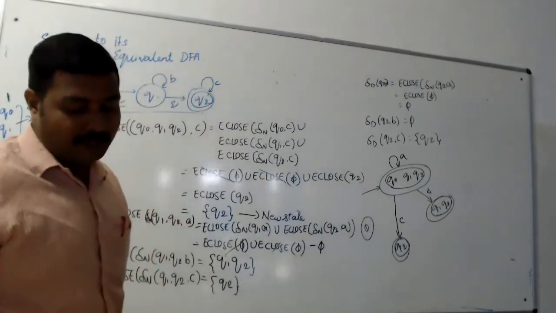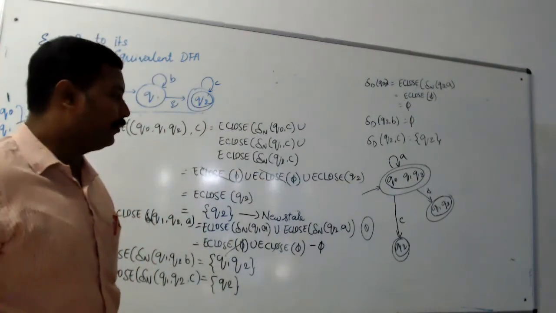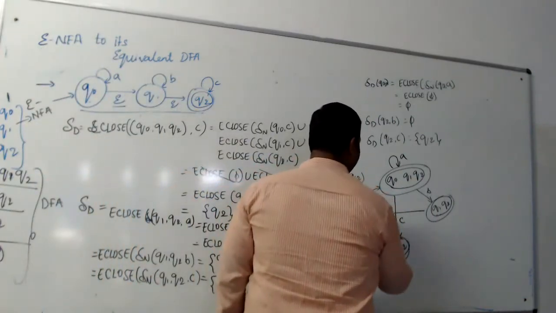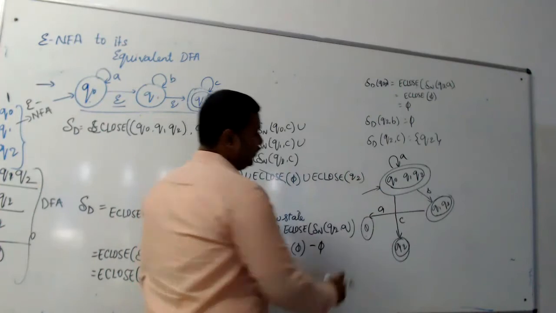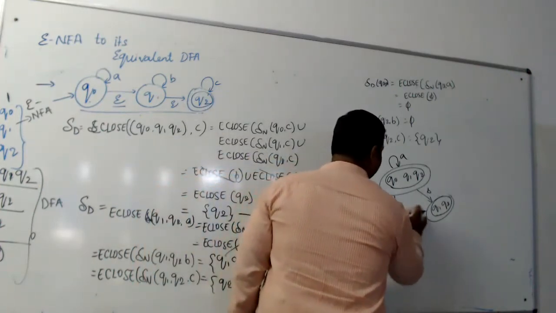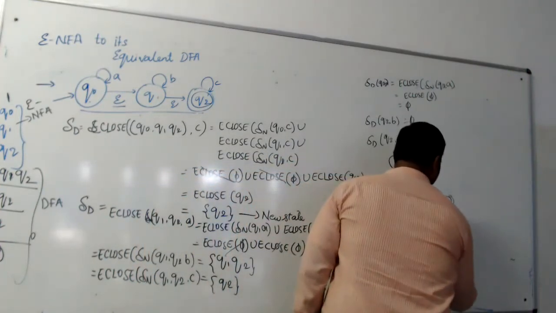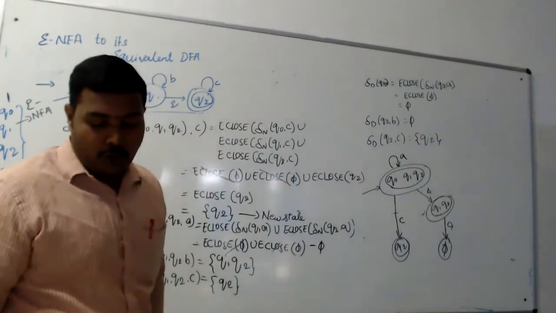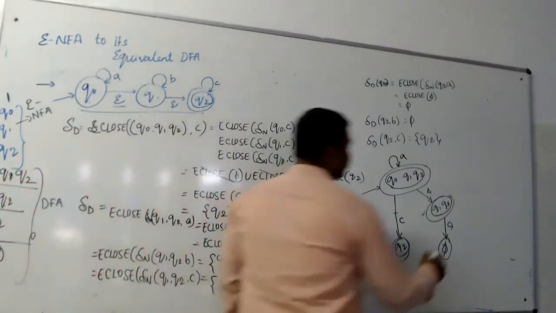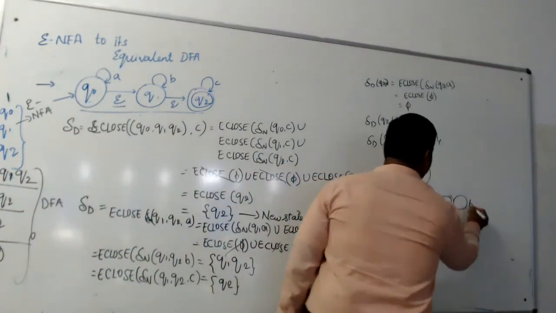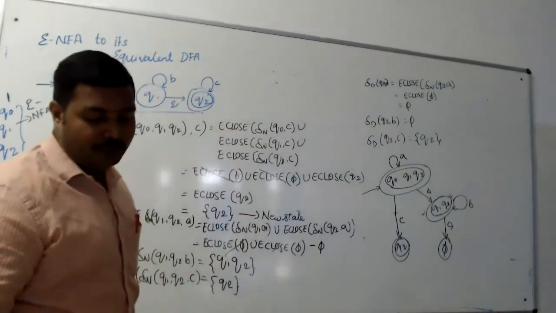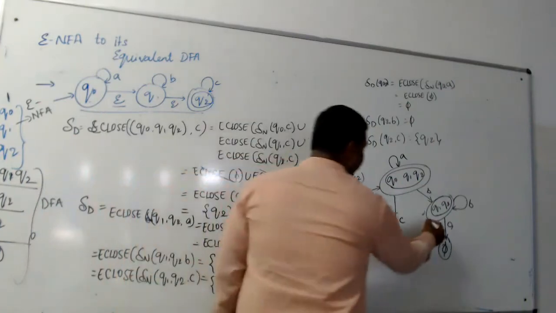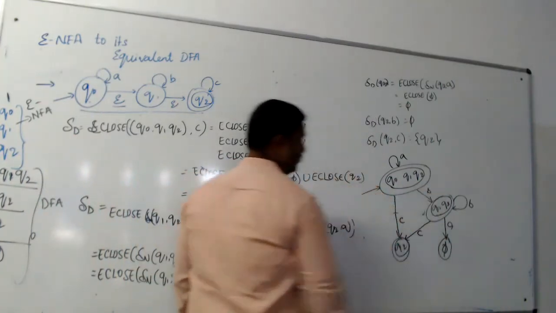Similarly, Q1, Q2 on A, I am going to get phi. I take phi here upon this A. Now Q1, Q2 on B, you are going to get Q1, Q2 itself. Next, Q1, Q2 on C, you will have the value Q2.